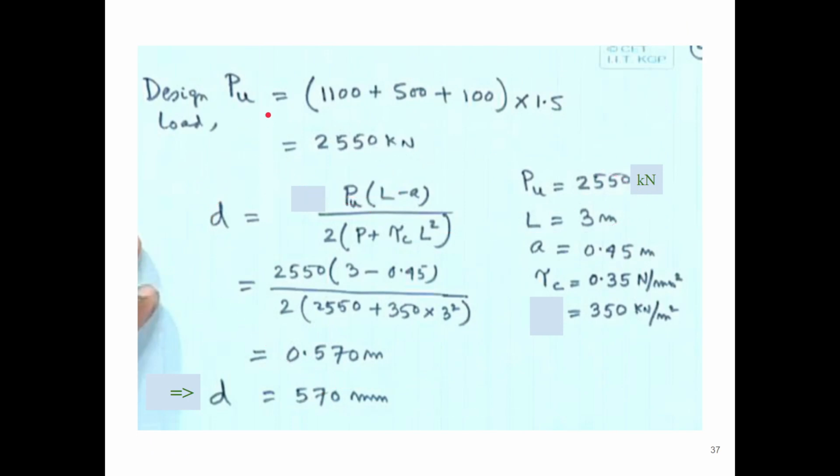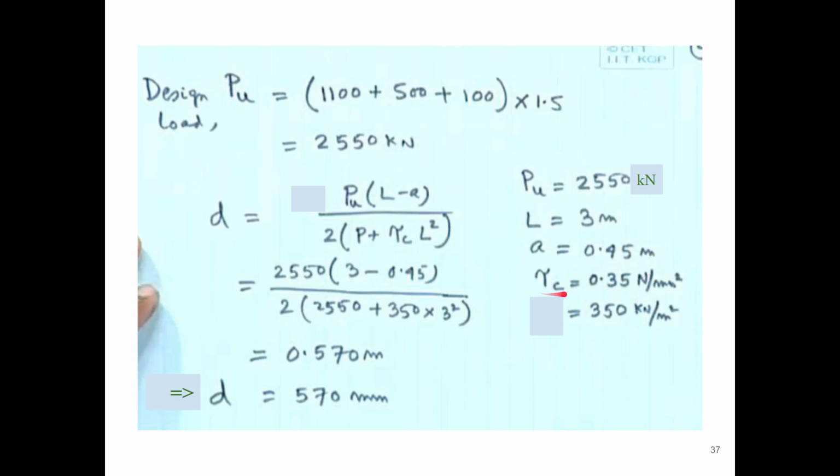So that was the total load, the characteristic load. Now taking 1.5 times for finding the factored load or design load, we multiply 1.5 and we get 2550 kilonewton. L, the dimension of footing, we took as 3 meter. Dimension of column is 0.45 meter.